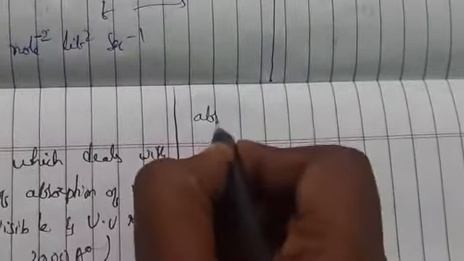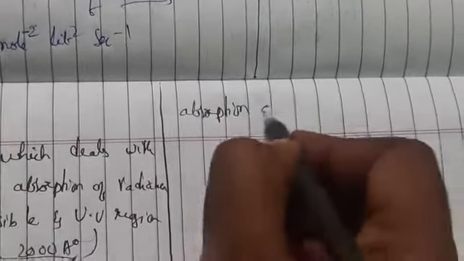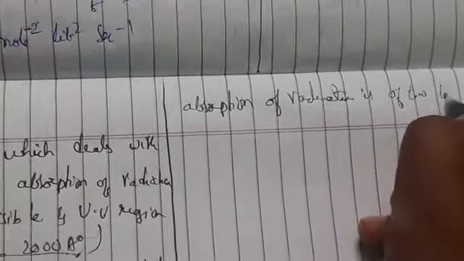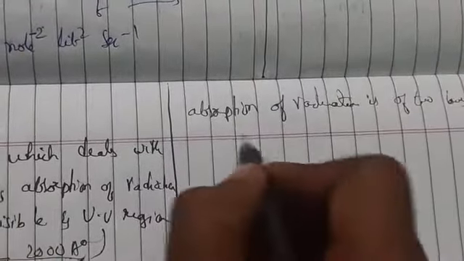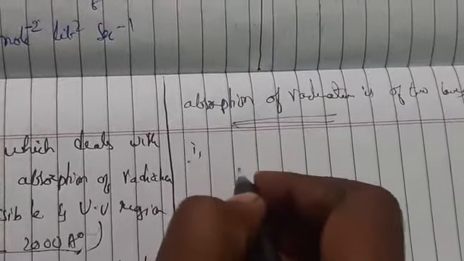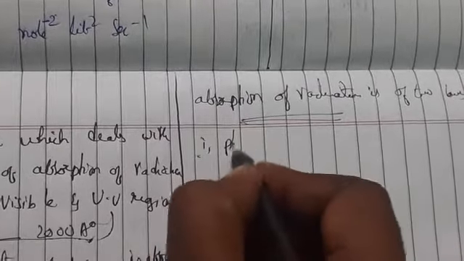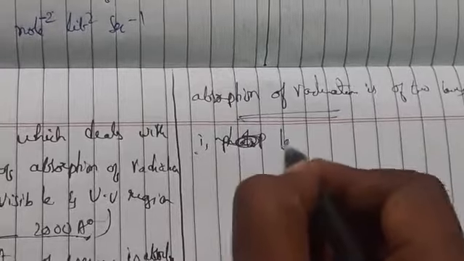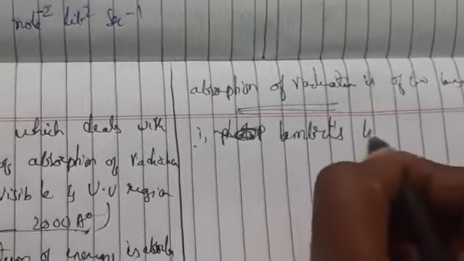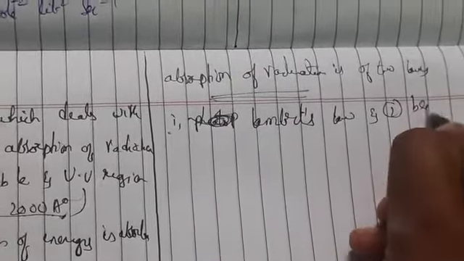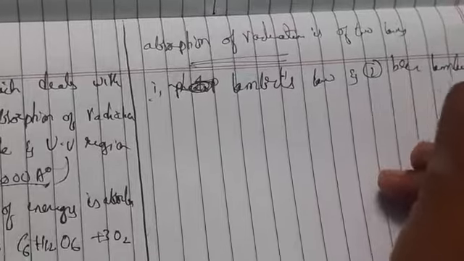Generally, absorption of radiation is governed by two laws: Lambert's law and Beer-Lambert's law, which we have already discussed in spectroscopy.